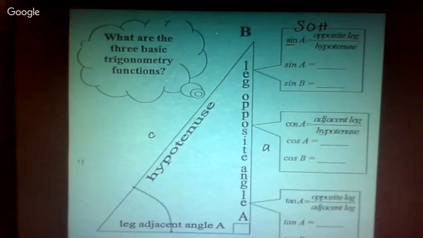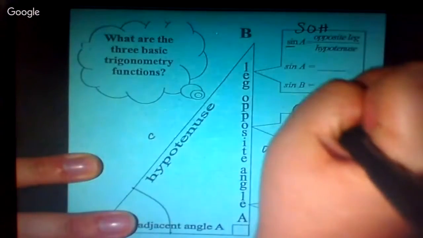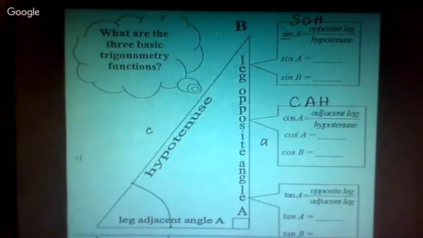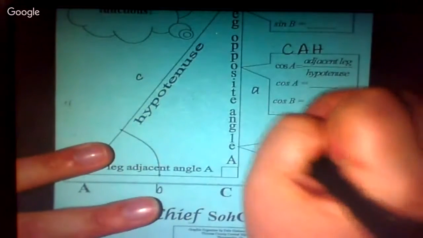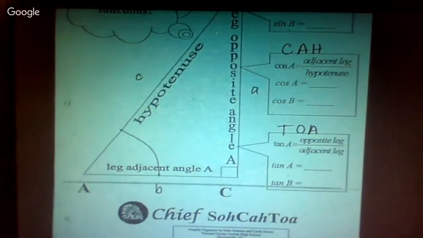The second word is CAH. C-A-H. Adjacent. That stands for cosine, which is COS for short, equals your adjacent leg over your hypotenuse. And your last one, TOA, stands for the tangent, equals your opposite leg over your adjacent leg.